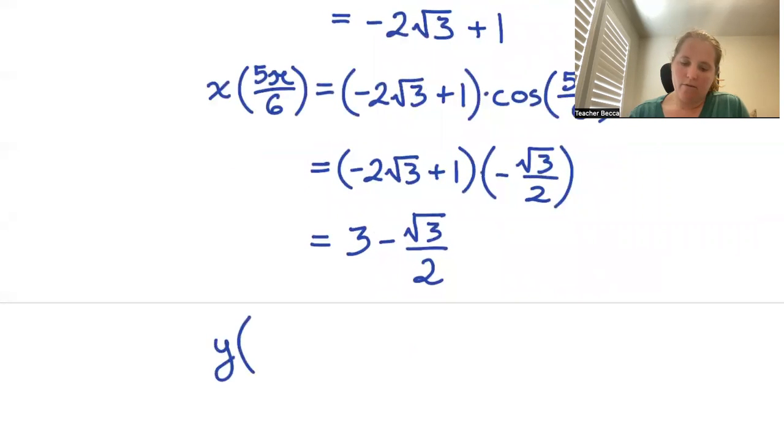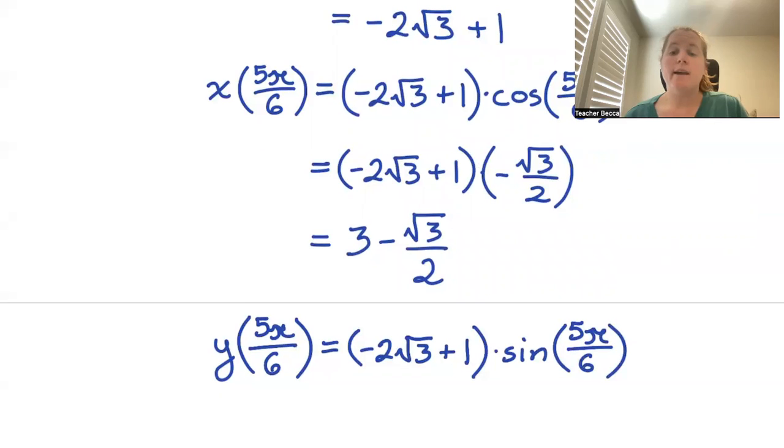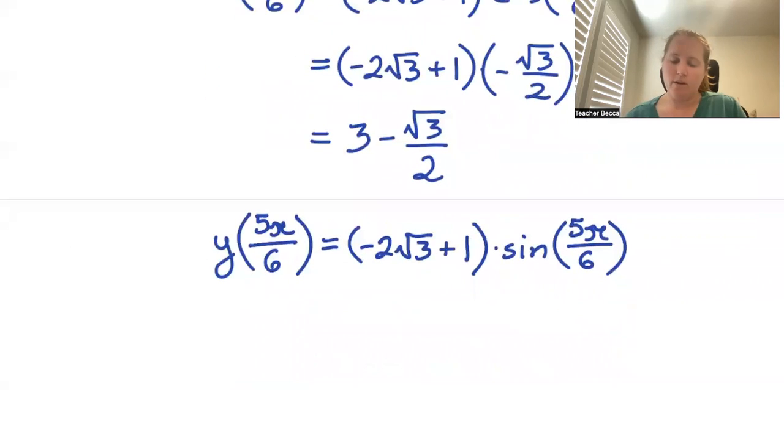y of 5 pi over 6 would be negative 2 root 3 plus 1 times sine of 5 pi over 6. Sine of 5 pi over 6 is 1/2.